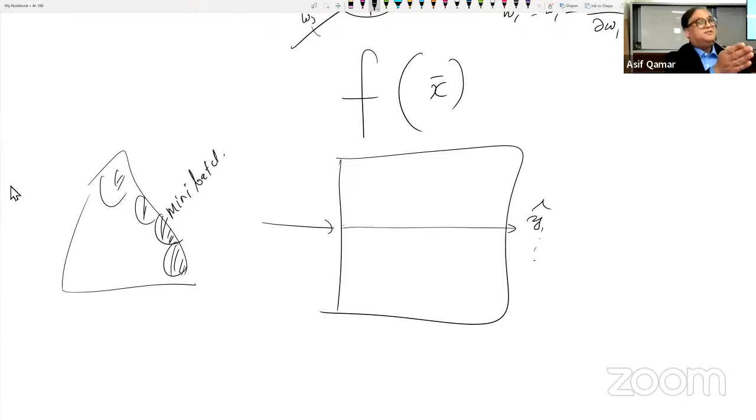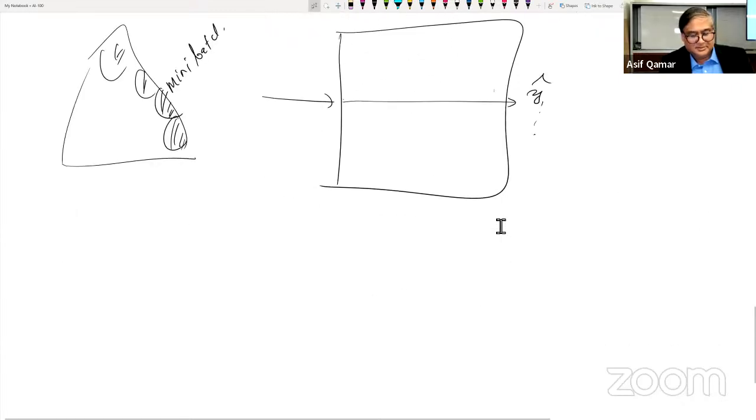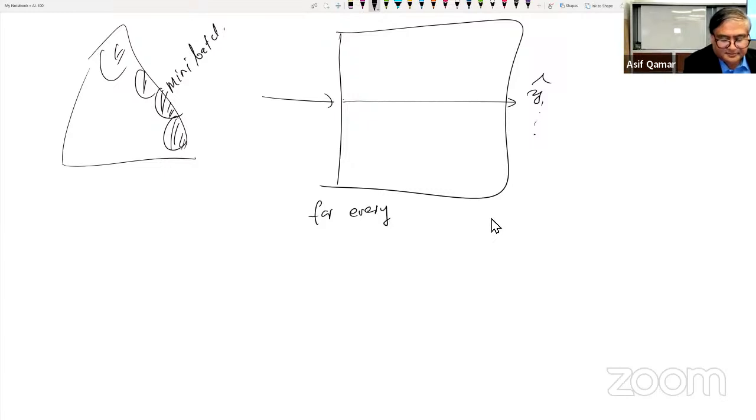For every batch of data, you have the forward journey, loss computation, loss gradient computation through backpropagation, and a step forward. Four things happen. Let me write them. For every mini batch of data, you do four things. Forward pass.